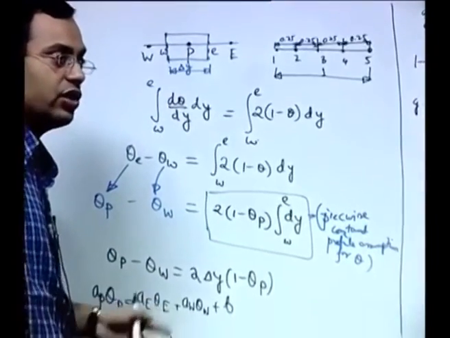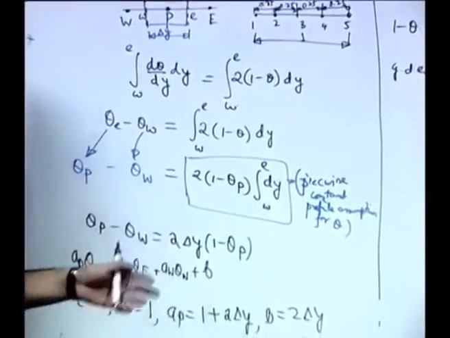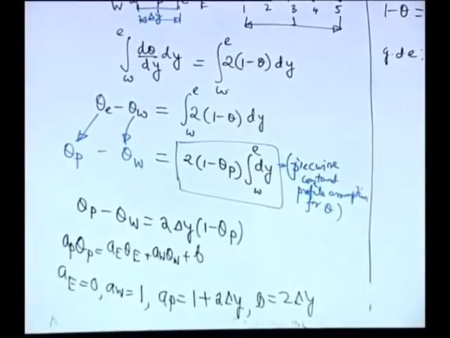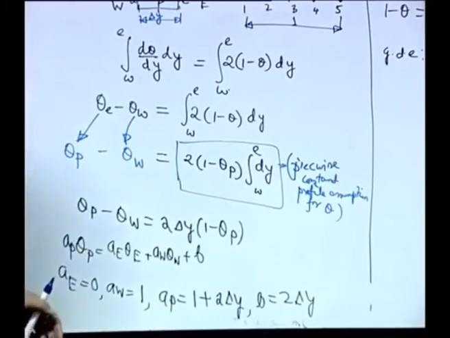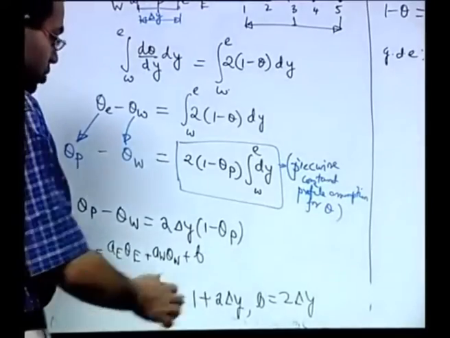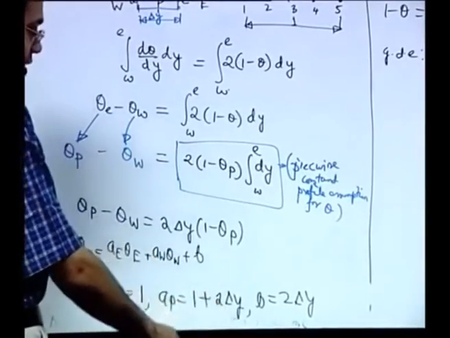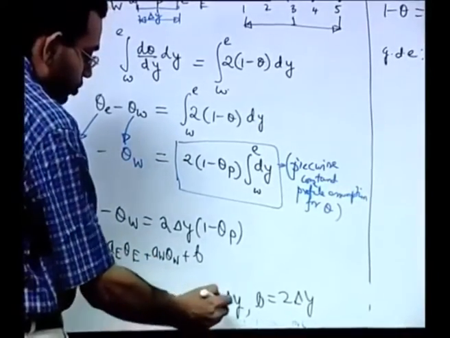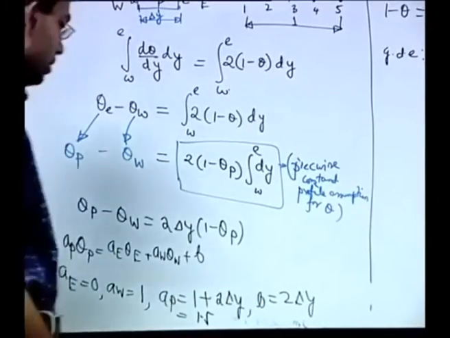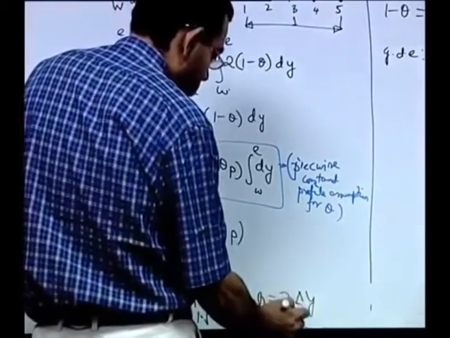So, there is nothing wrong with having an AP which is different from AE plus AW. So, with this now you can find out the numerical values. Delta y is 0.25. So, 1 plus 2 into 0.25, that is 1.5, and B is 0.5.